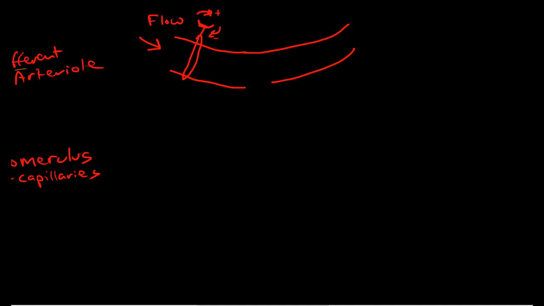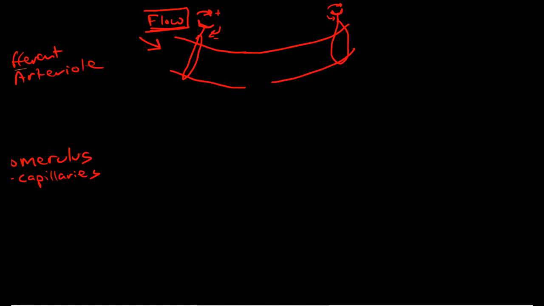Now, the efferent arteriole also has a valve. What's interesting with the efferent arteriole is it really has more to do with pressure than flow. And obviously, flow and pressure are very closely related.